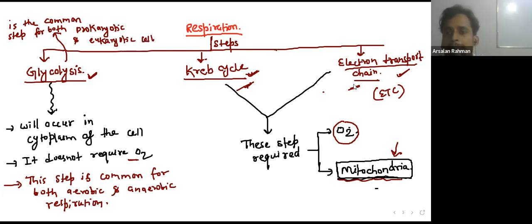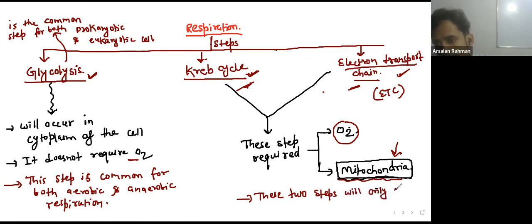But Krebs cycle and electron transport chain, these two steps will only occur in eukaryotes. Yes or no? Eukaryotic cell.